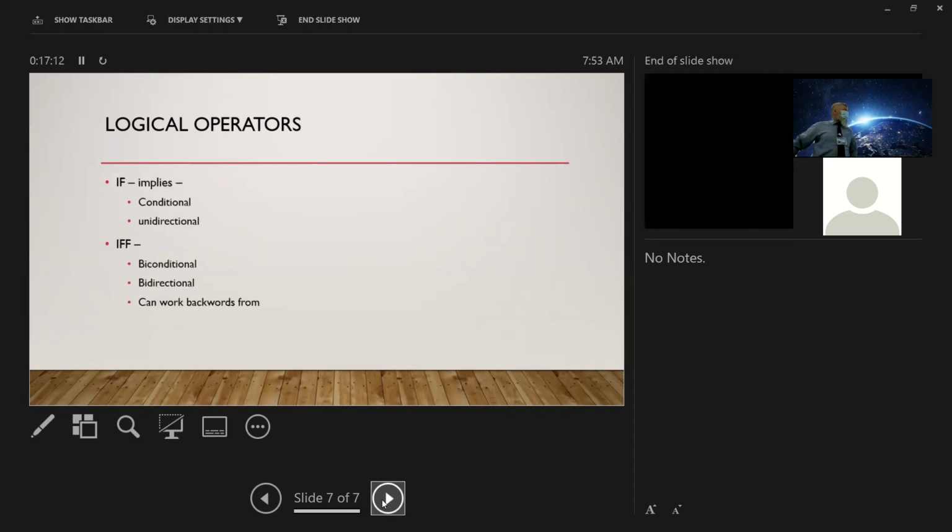Lastly, the if is conditional. If something is true here, then this other thing will happen. And it's unidirectional, that means it doesn't work backwards. Whereas the if and only if is biconditional. The thing that happens because of this can also tell you that that thing must be.